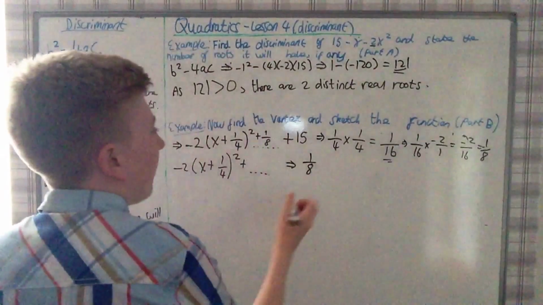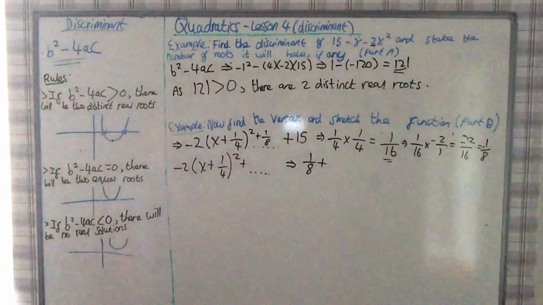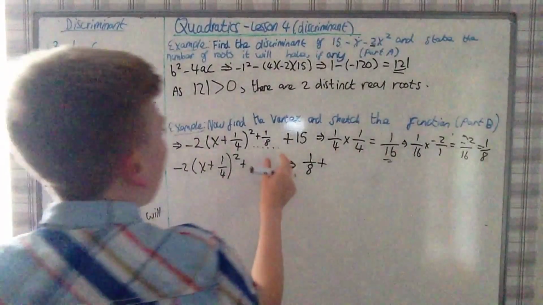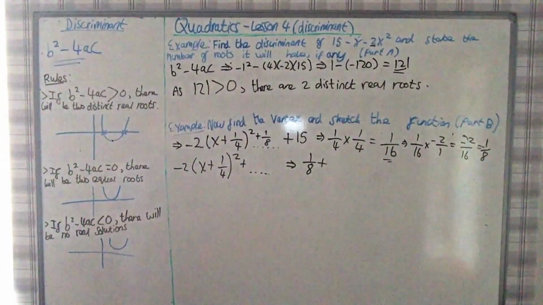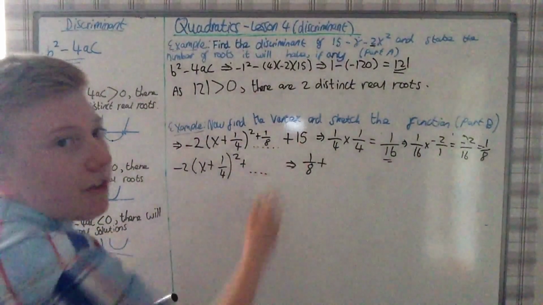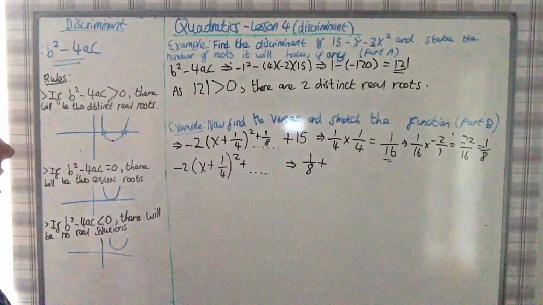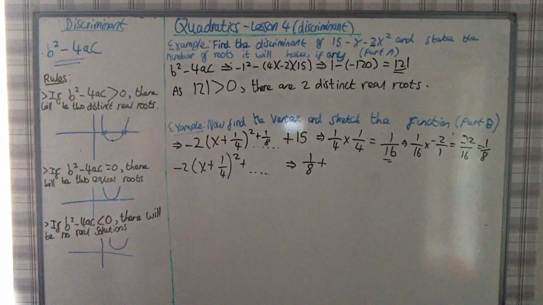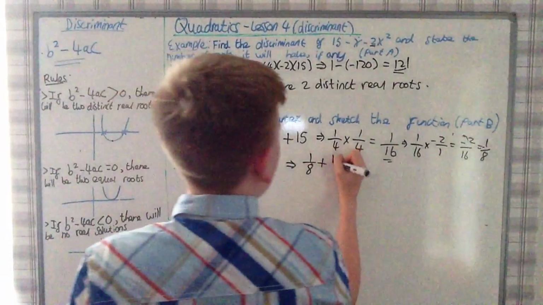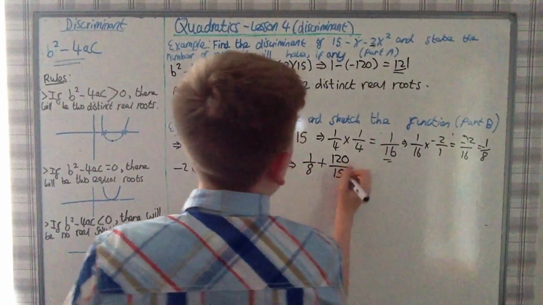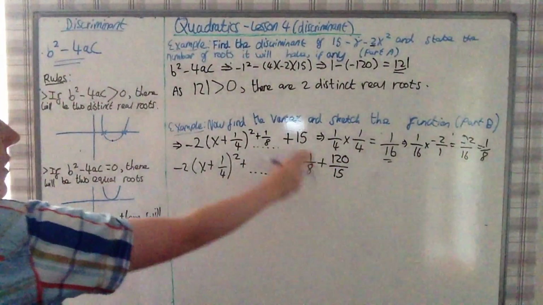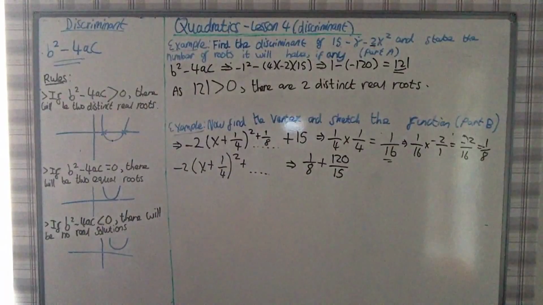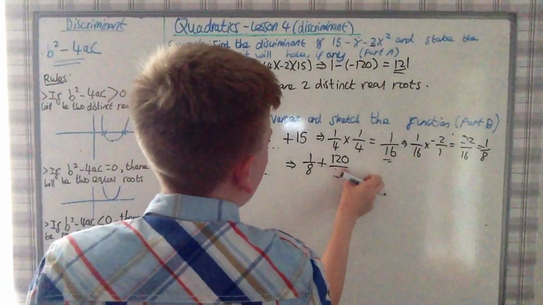So if we're going to add 15 on, then it will be better to make the 15 out of 8 also, so that we can easily add the fractions. Well, if we think of 15 as being 15/1, then that's the same thing as 120 over 8.